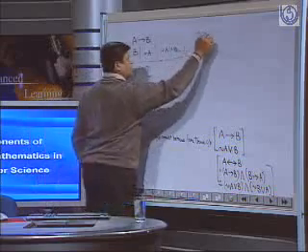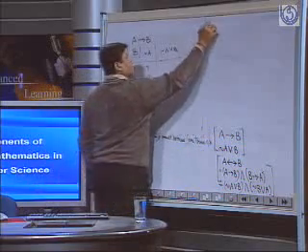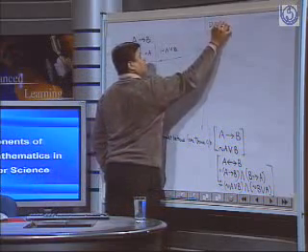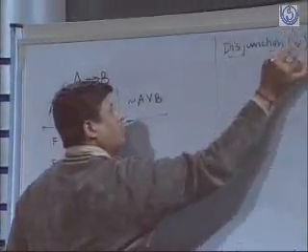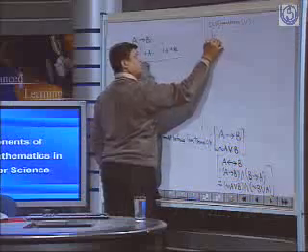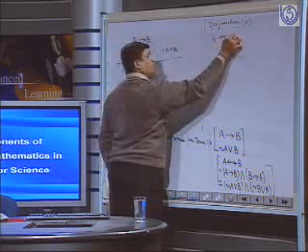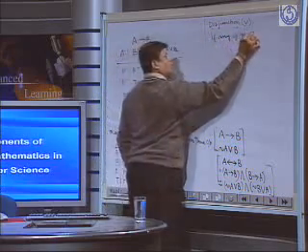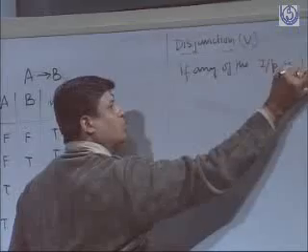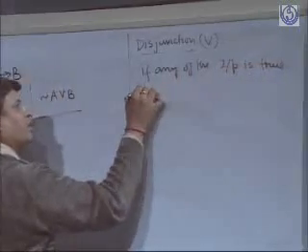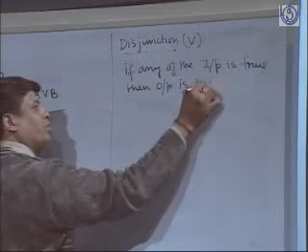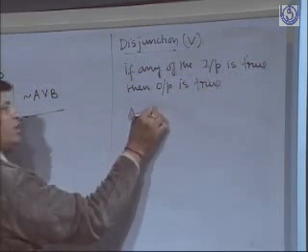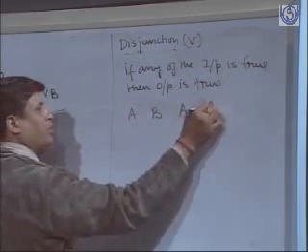Or, that means the disjunction part says if any of the input is true, then output is true.